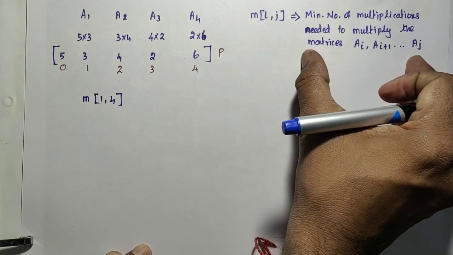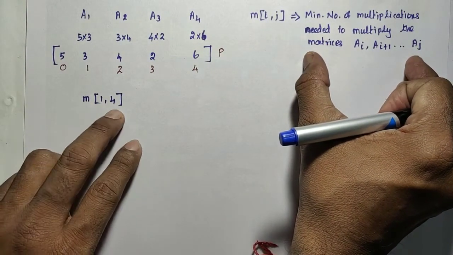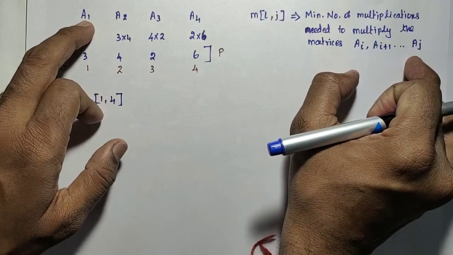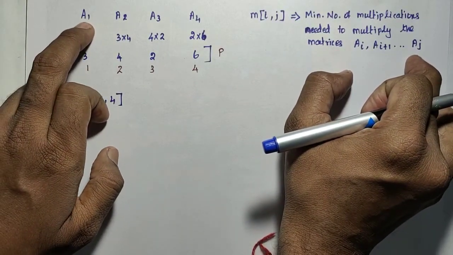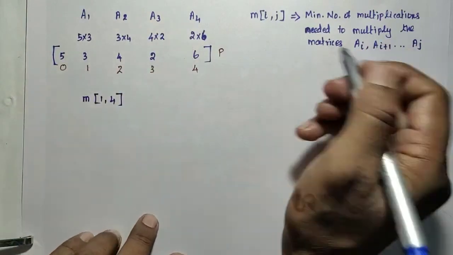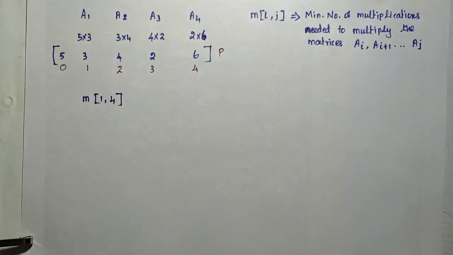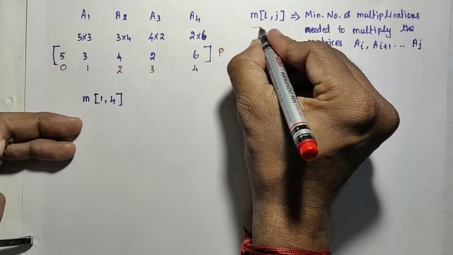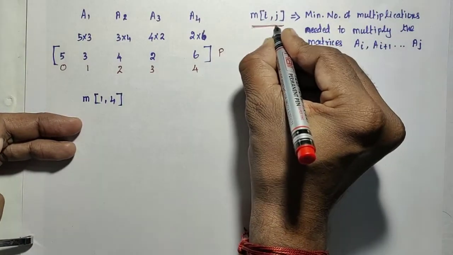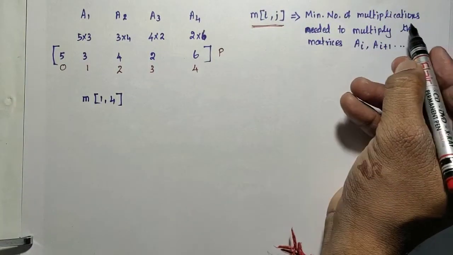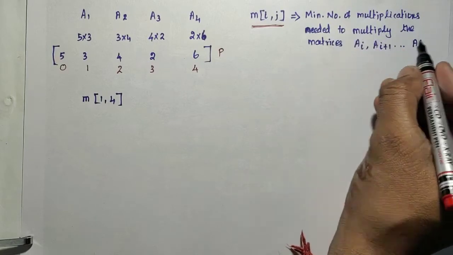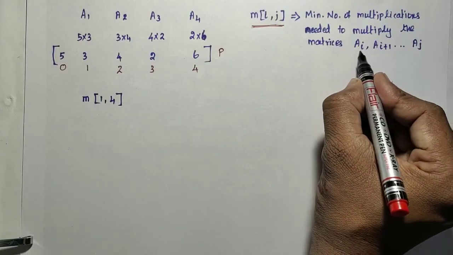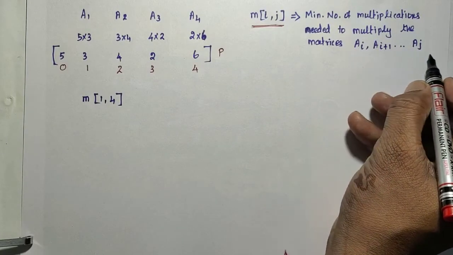Like that we have to assume. So m of 1 comma 4 means the minimum number of multiplications needed to multiply A1 to A4. So m of i comma j simply represents the minimum number of multiplications needed to multiply the matrices from Ai up to Aj.